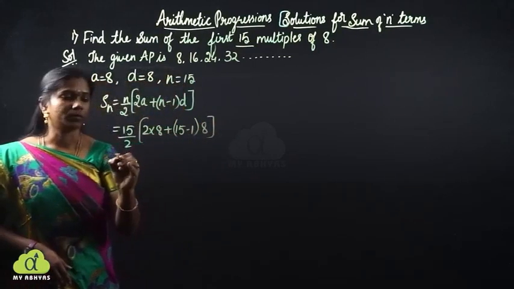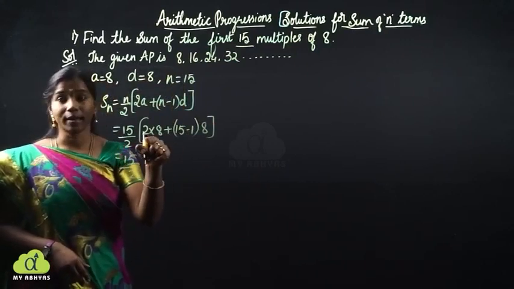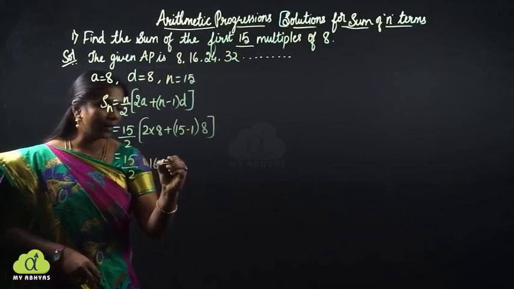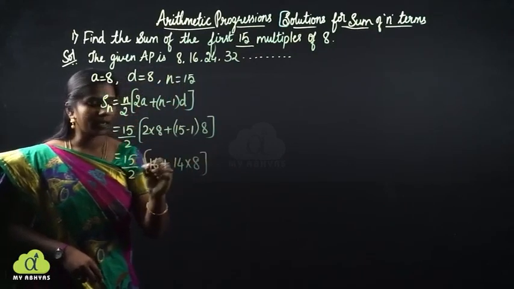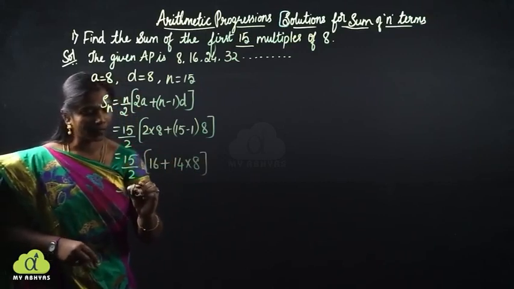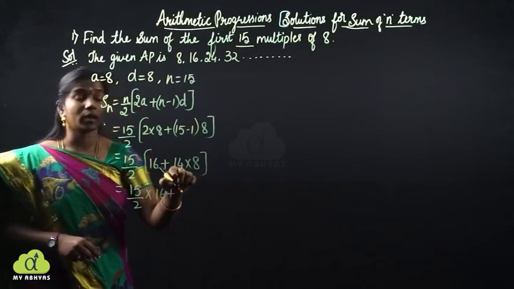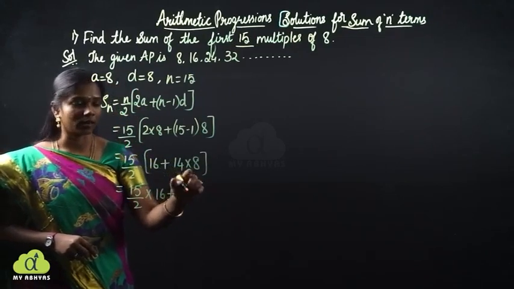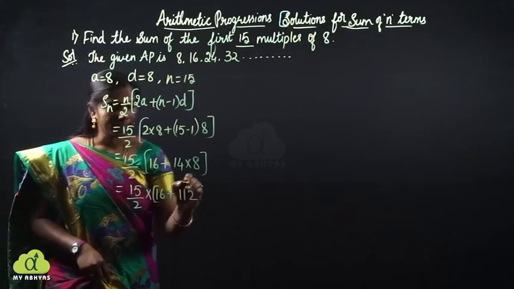Yes? Now it is 15 divided by 2 into 8 twos are 16 plus 14 into 8. Recollect the tables. What is 14 eights are? It is 112. Clear? Yes.